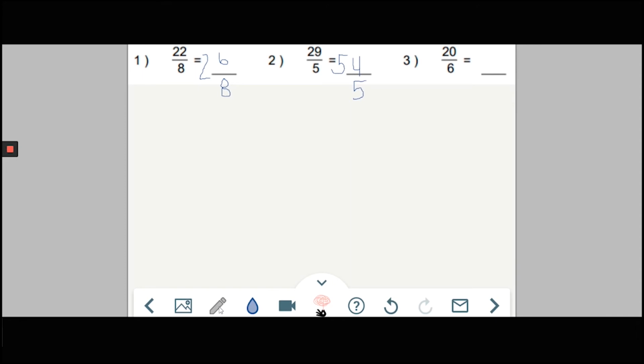For number 3, what is going to be the first part of our new equation? 20 divided by 6 equals. Perfect. Now we can count by 6 and see how close we can get to 20 without going over. Every time we count, hold up a finger. 6, 12, 18. Now, are we pretty close to 20?